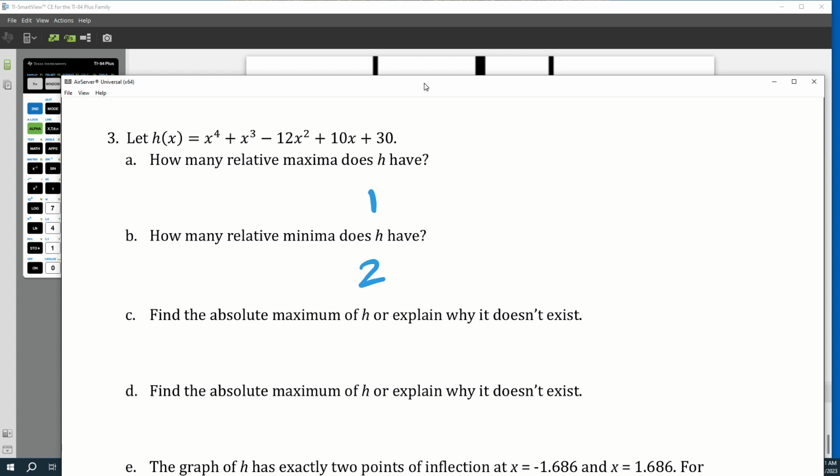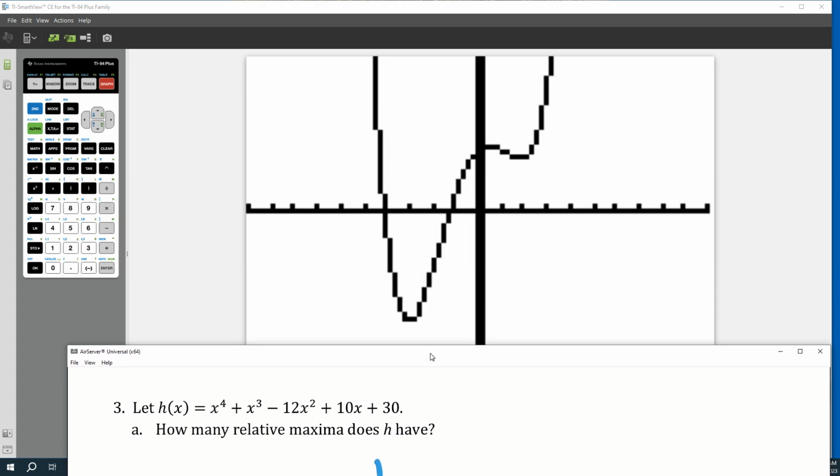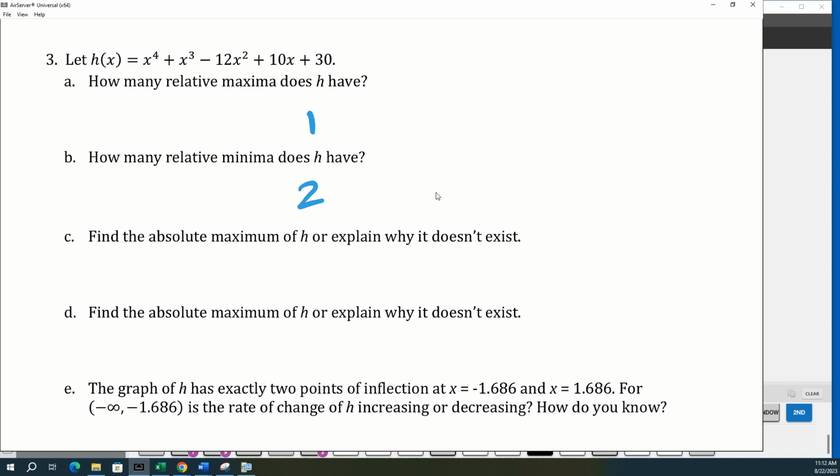All right, and then C asks you to find the absolute maximum of H or explain why it doesn't exist. Does the absolute maximum exist? Why not? Continues increasing. Very good. Keeps going up and up and up. So let's write something like that.